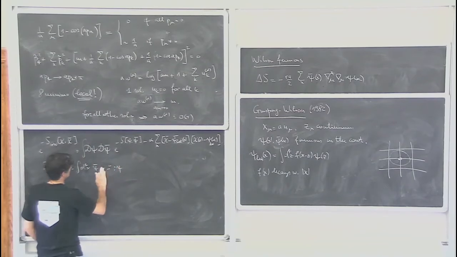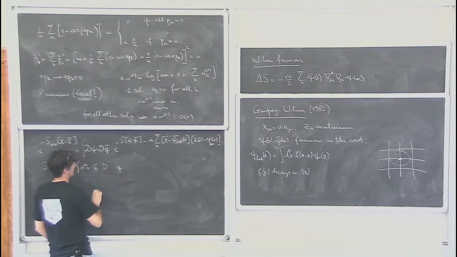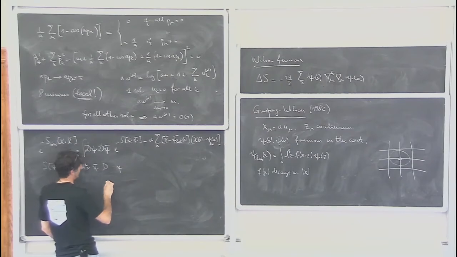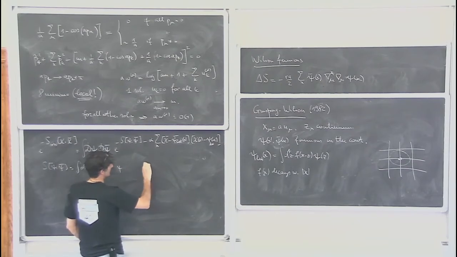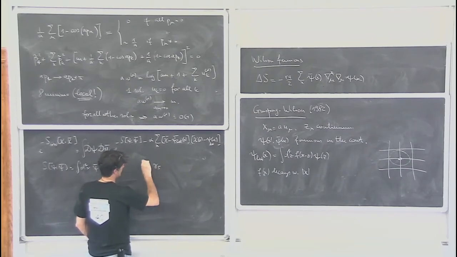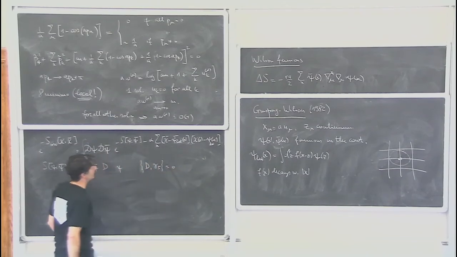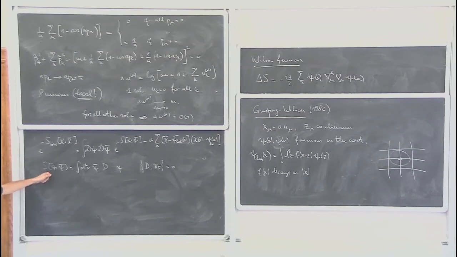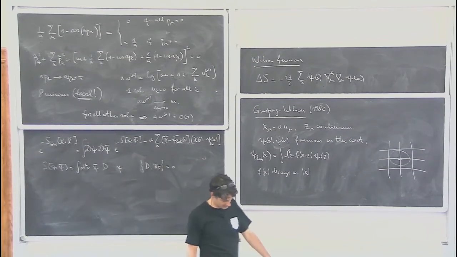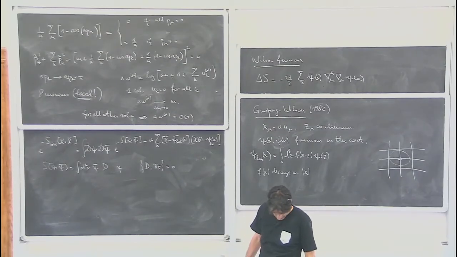Okay? Or let me write it just like that in the continuum. So D is chiral. The only thing that we need to remember is that this action is the continuum action, and therefore is chirally symmetric. Okay?